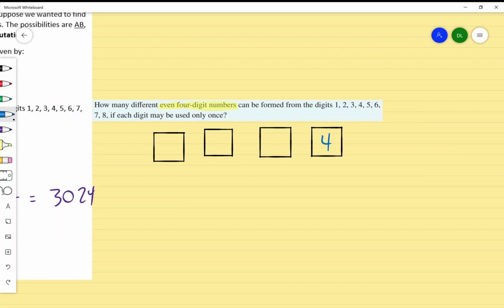So working backwards from a restriction means I've got 4 in the last digit, 5 in the second last, 6 in the third last, and 7 in the first one, which means that I can multiply them, which gives me a value of 840, which means that there are 840 possible even 4-digit numbers restricted from 1 to 8, where each digit may only be used once.